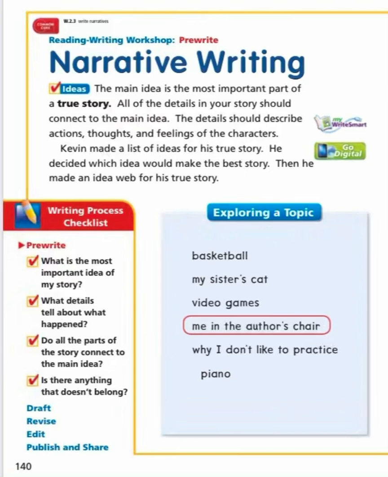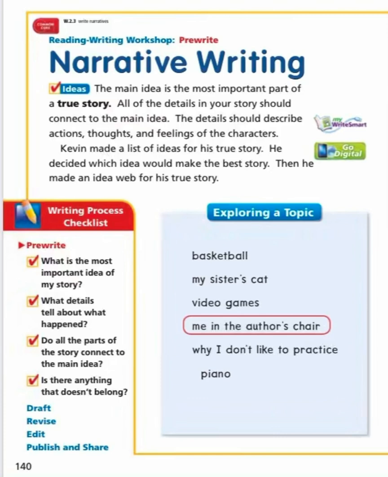He decided which idea would make the best story. Then he made an idea web for his true story. Exploring a topic: basketball, my sister's cat, video games, me in the author's chair, why I don't like to practice piano.